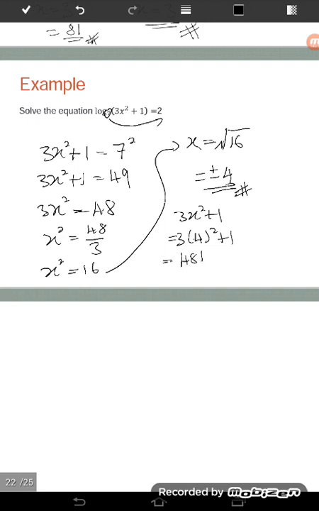Okay, so 48 plus 1, which is equal to 49. If negative 4, okay, so it is equal to 48 plus 1, which is equal to 49. Okay, so dua-dua nilai x ni positif ataupun negatif, dia akan menghasilkan nilai positif 49. So kita boleh ambil dua-dua lah.